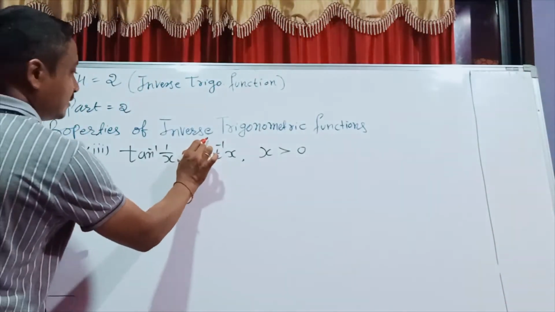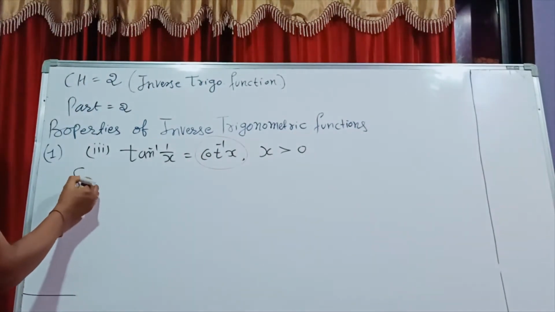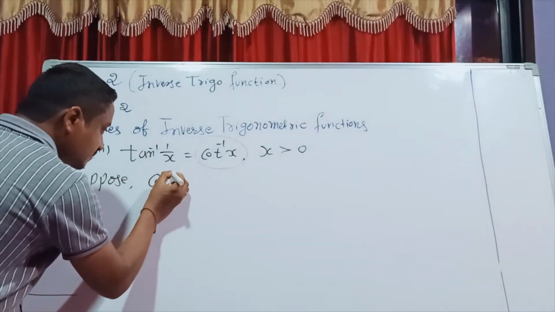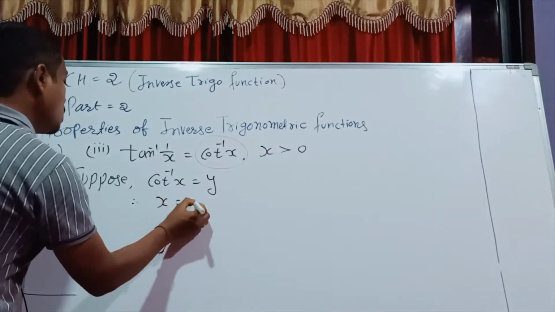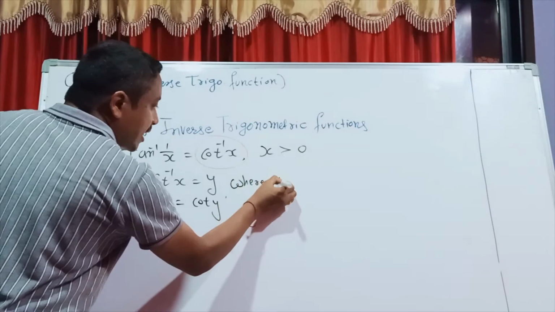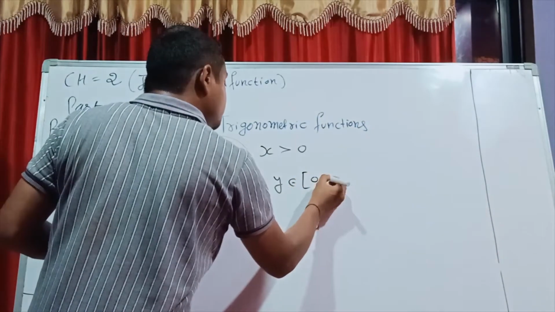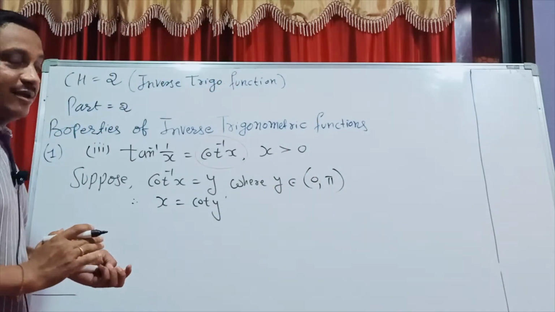This time I start from the RHS. Suppose cot inverse x is equal to y. So x is equal to cot y, where y belongs to the range 0 to pi, open interval.